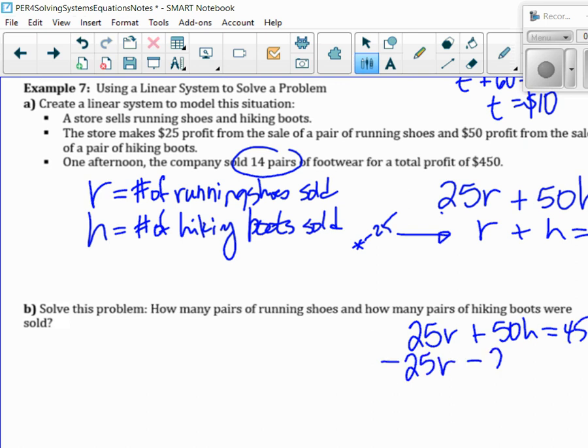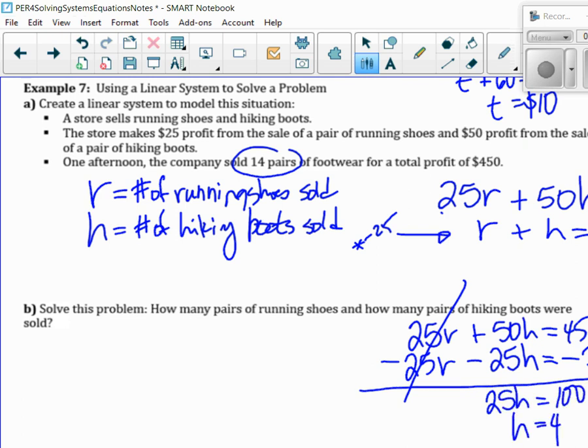Minus 25R minus 25H equals minus, what did we say it was? 350? Those cancel. I'm left with 25H equals 100. So H equals 4. Is that what you got? So then I can just, by pure inspection, if H is 4, then what does R have to be? 10.